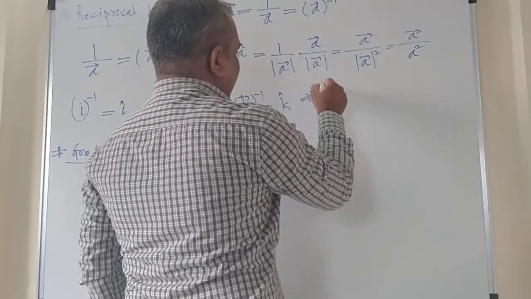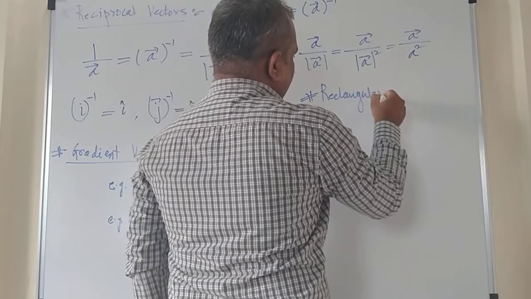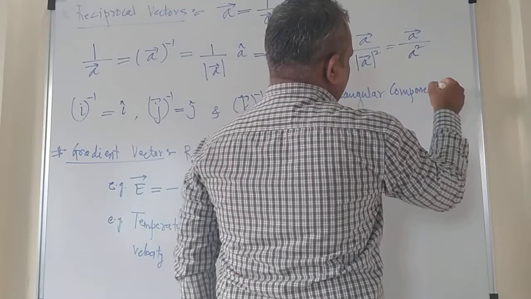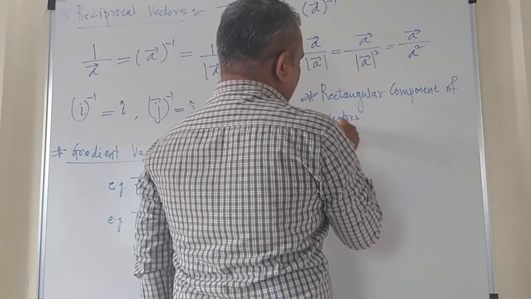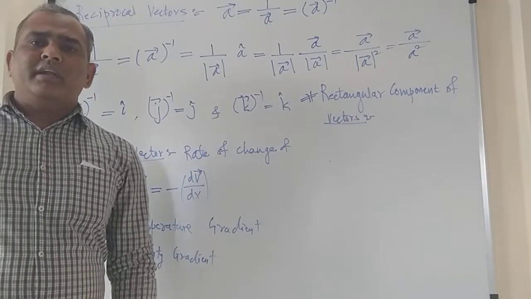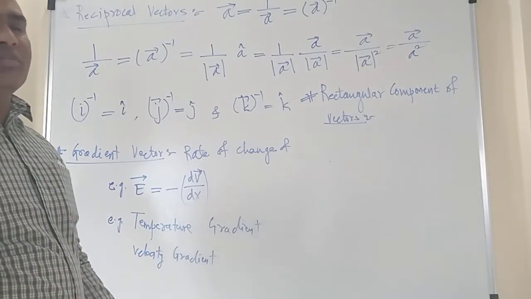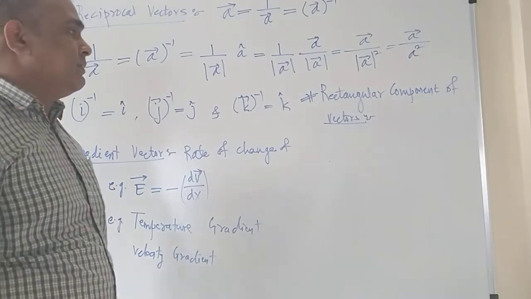Now let's move to the next topic, which is the rectangular component of a vector. What do you mean by rectangular components of vectors? If you are writing the components along the x-axis and y-axis, then these are called the rectangular components of vectors.